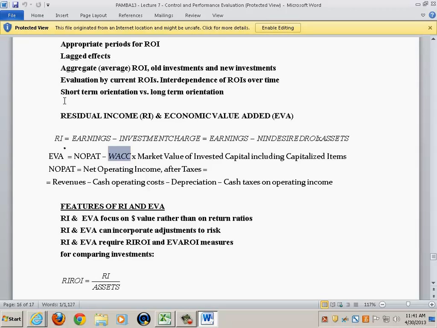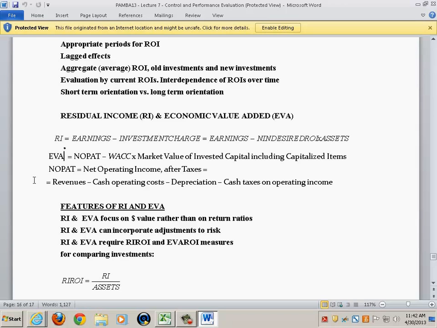And you multiply the weighted average cost of capital by the investment base, but in economic value added, the investment base is measured as the market value of the investment capital, and it includes capitalized items. So if you take this difference, you get a measure that is known as the economic value added.